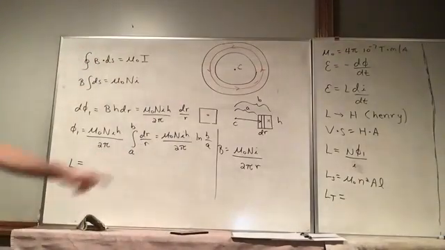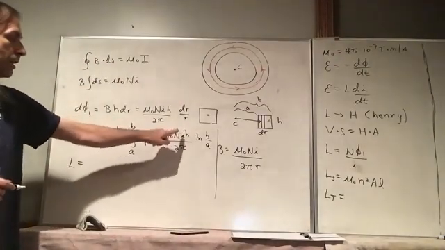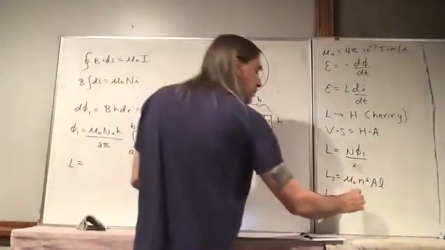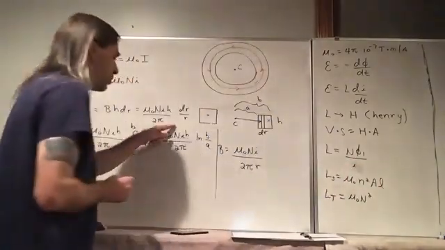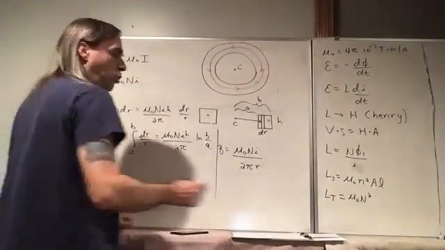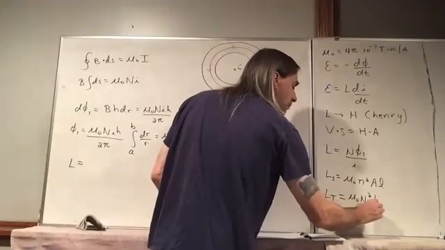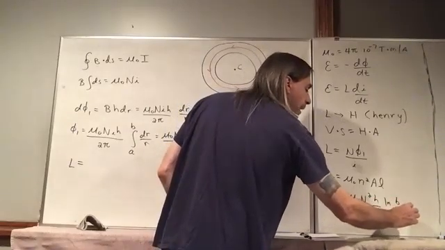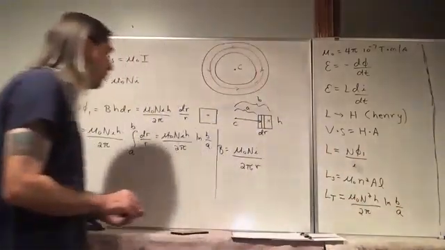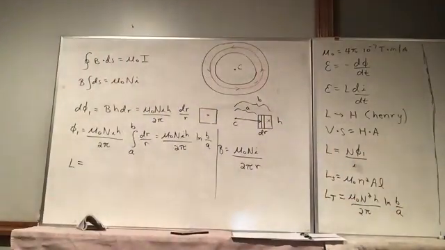So we divide by I, so just picture that's gone, then we multiply by N, so we have mu naught N squared h over 2 pi times the natural log of b over a. So that's the inductance for a toroid.